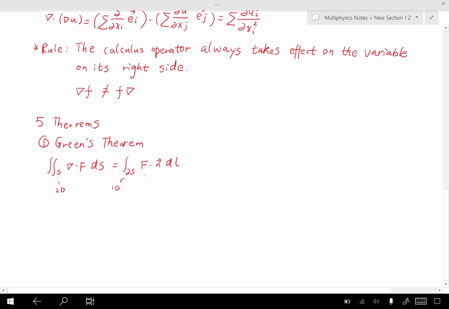So N is the unit outward vector of the boundary of this surface S. So this is the unit. We're going to see this N a lot. And this is the direction of S.